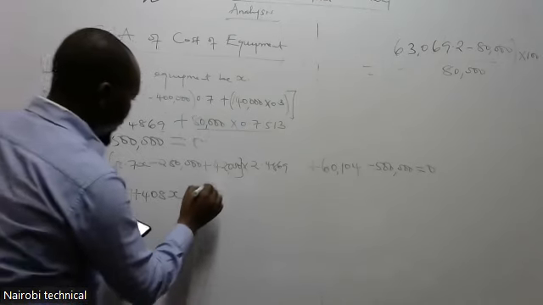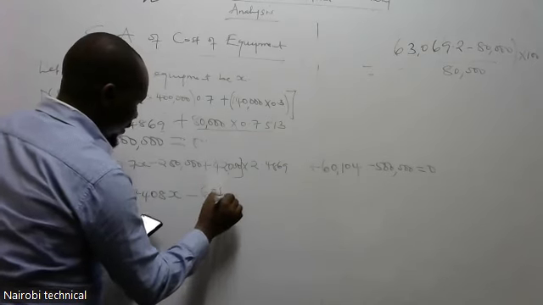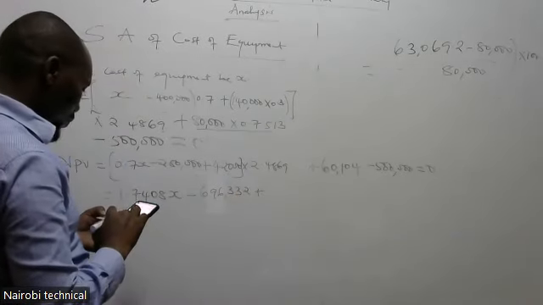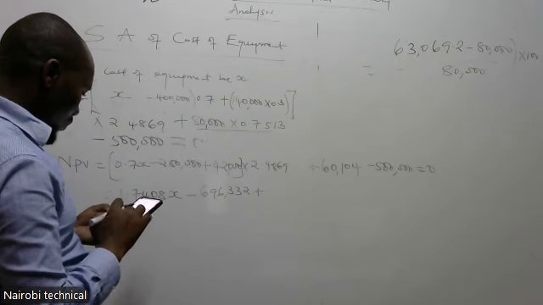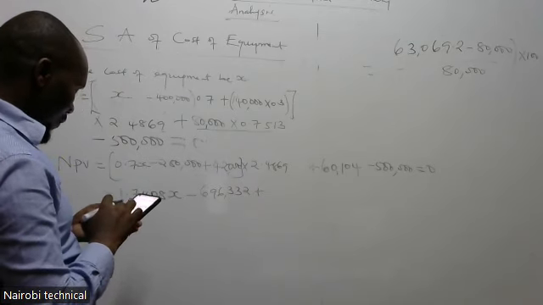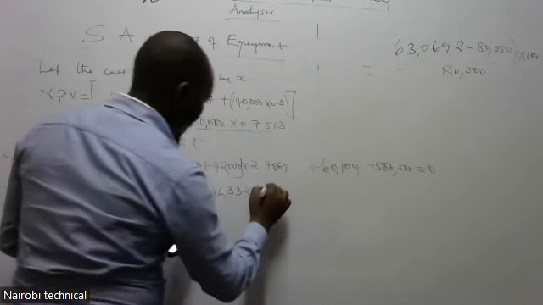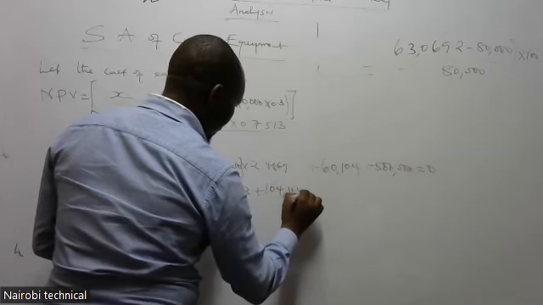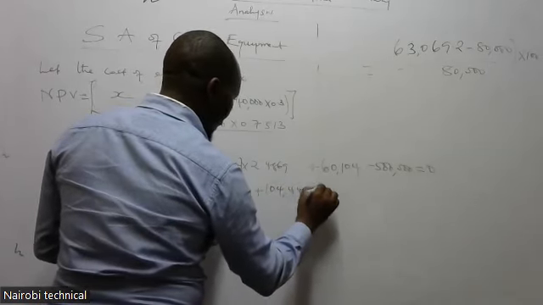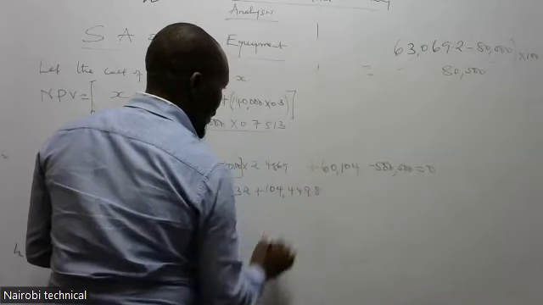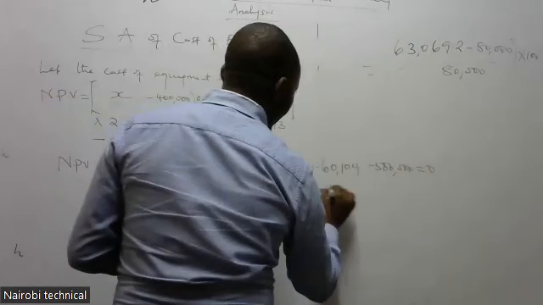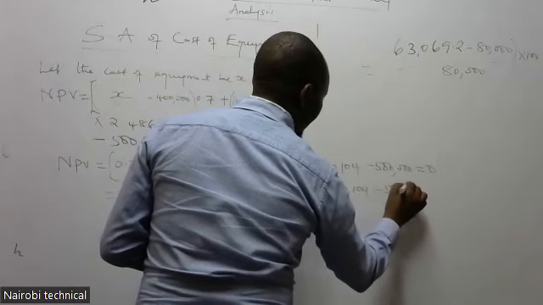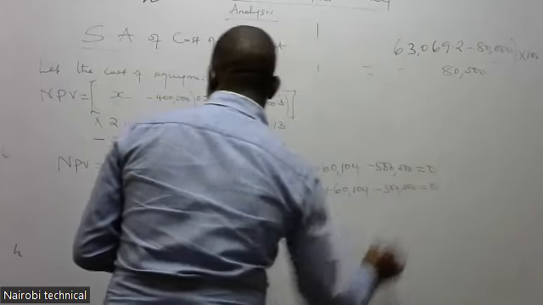That is 696,332. Then here plus 42 times 2.4869. That is 104,489.8, plus 60.04 minus 500 is equal to 0.